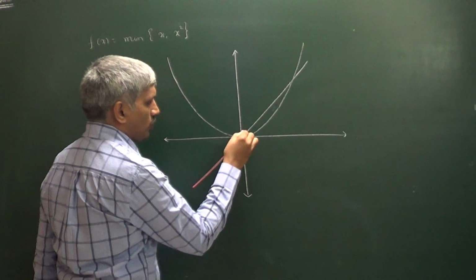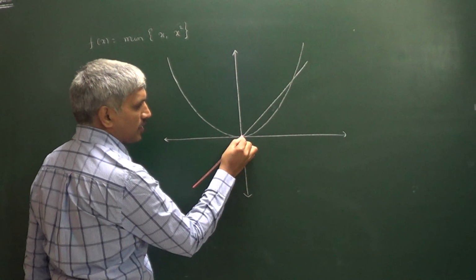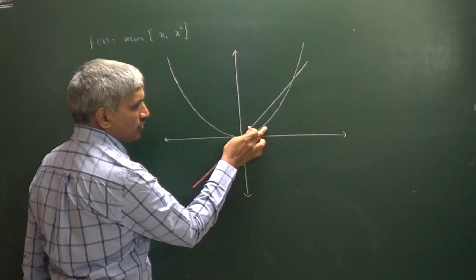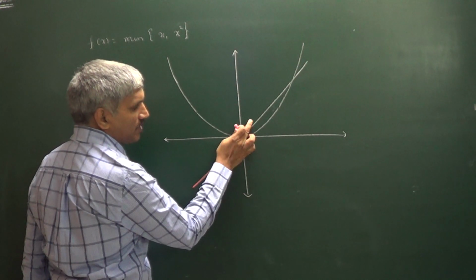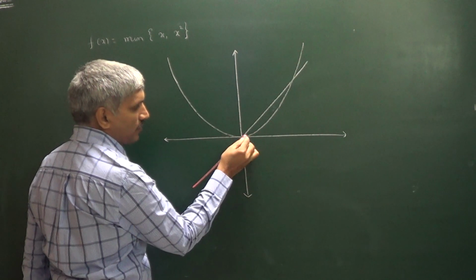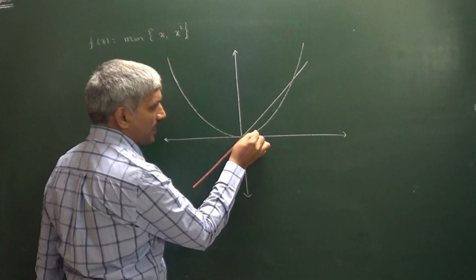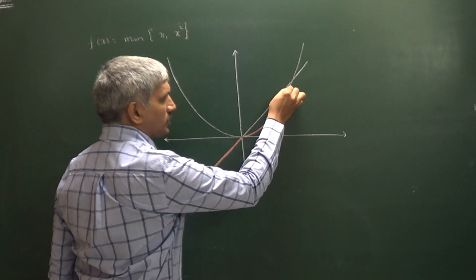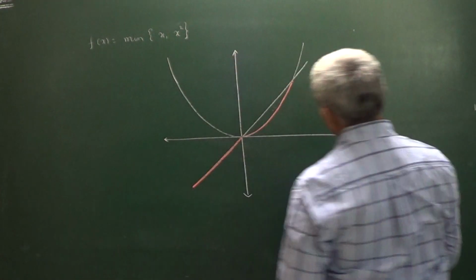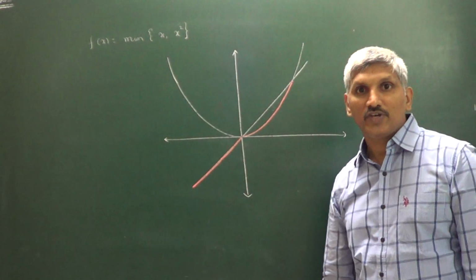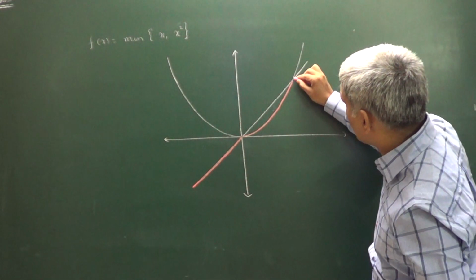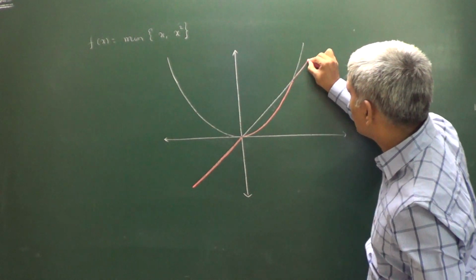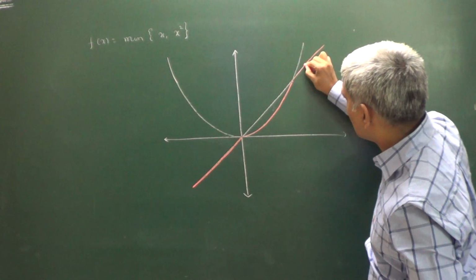So after coming to this particular place, among these two graphs, which graph has a minimum value? X square has a minimum value. That's why we are getting the graph again, this one. This is minimum. Again after reaching this particular point, which has a minimum value? This particular graph has the minimum value.